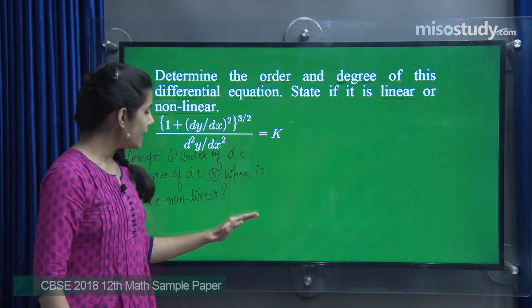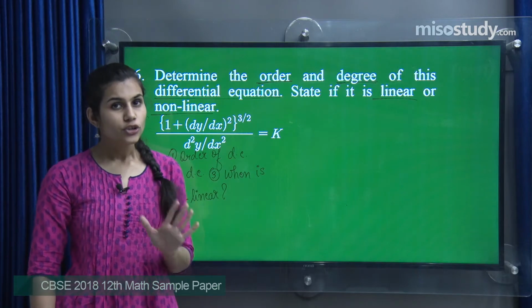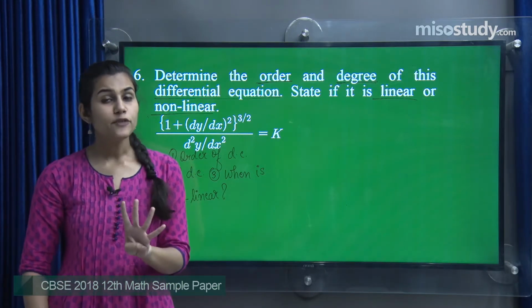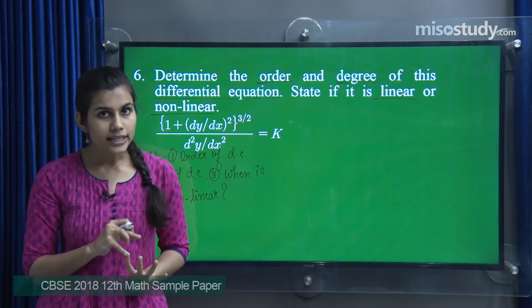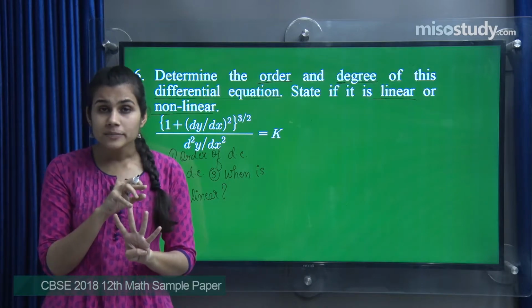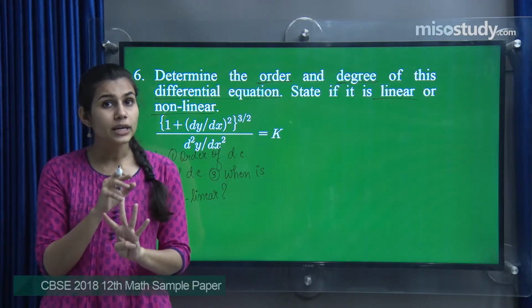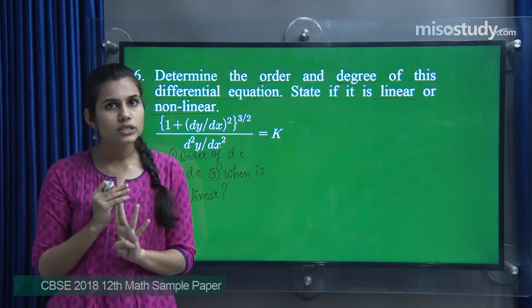When is a differential equation non-linear? When you have one among these four conditions happening. If the degree of the differential equation is greater than 1, then it is non-linear. If you have terms which involve a product of the dependent variable and the differential coefficient, then your differential equation is non-linear.